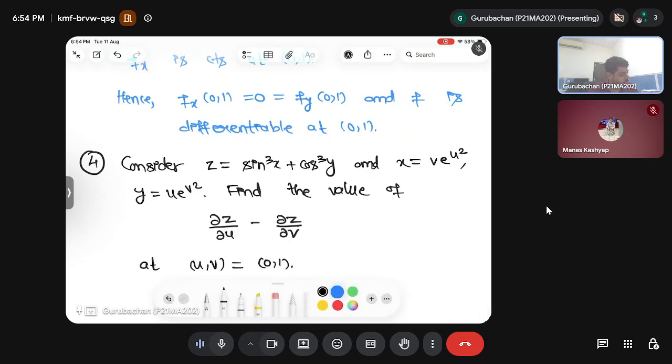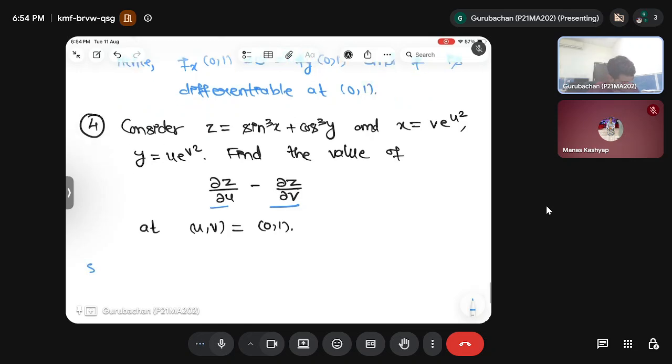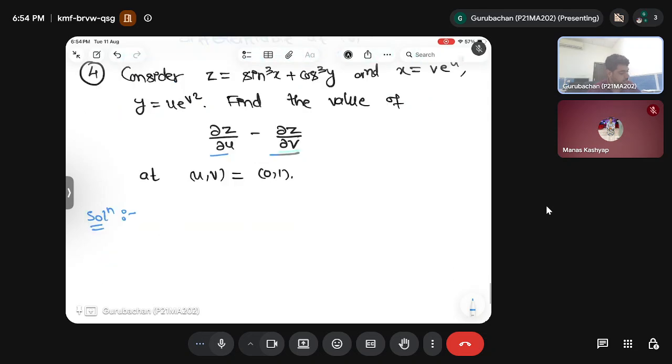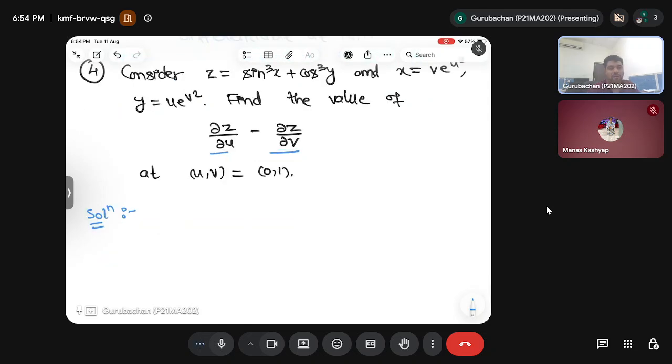So can anybody tell me here why we use del z by del u or del z by del v? See, this is called a tree diagram. So z is a composite function. You can also do it by that, but I am telling you without doing composition.